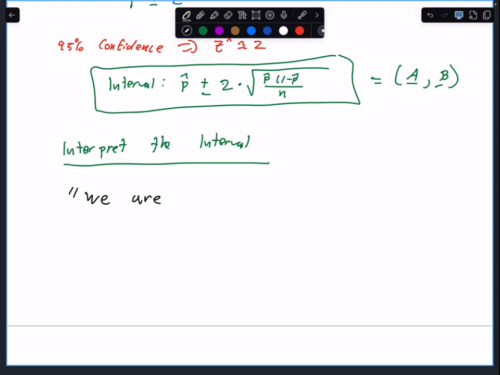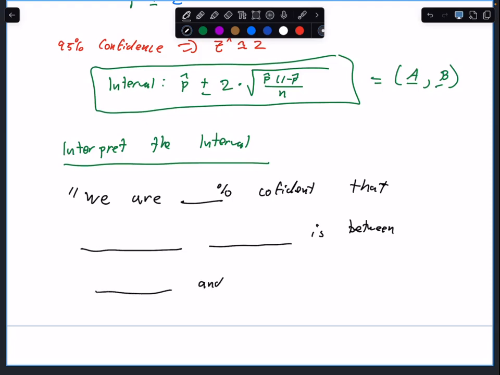We are blank % confident that blank is between blank and blank.